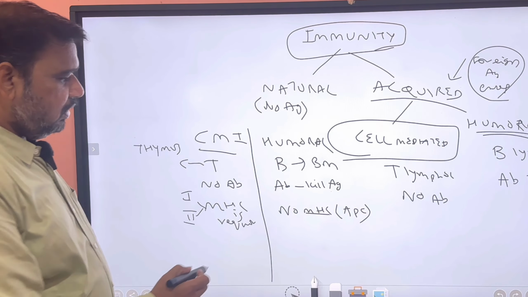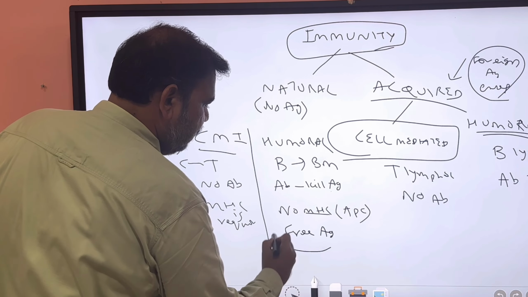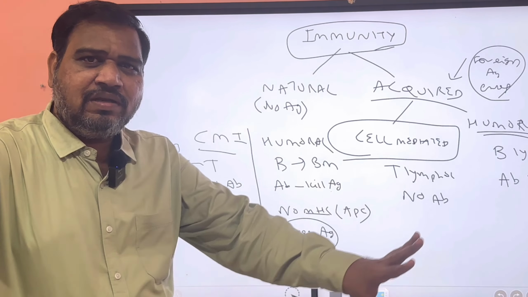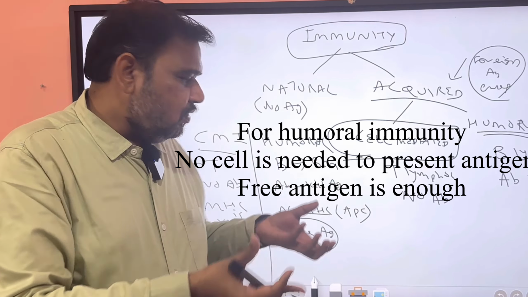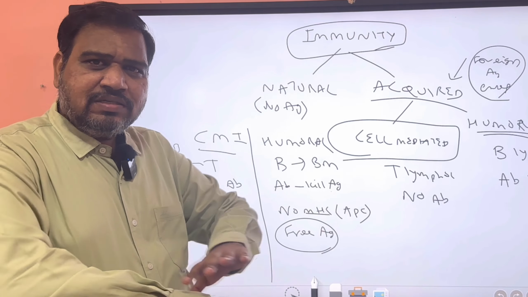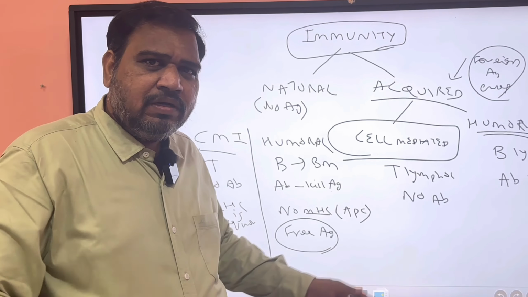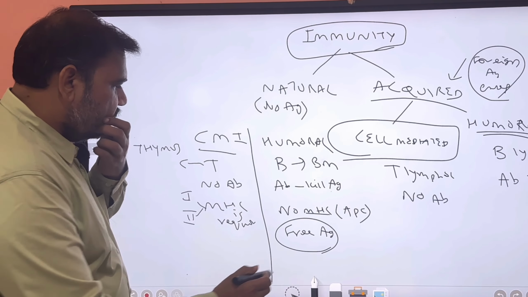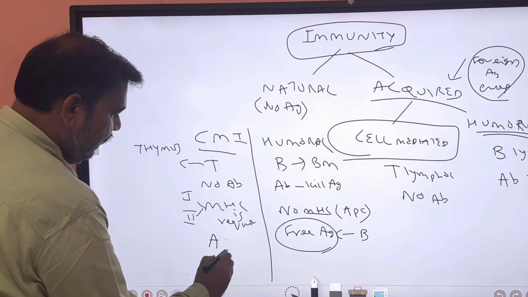But for humoral immunity, free antigen, note it down, nothing is needed. The antigen can be circulating freely. I need not have any antigen presenting cell to present the antigen. Antigen can circulate freely anywhere in blood, plasma or any fluids, and that can be taken by B lymphocyte.